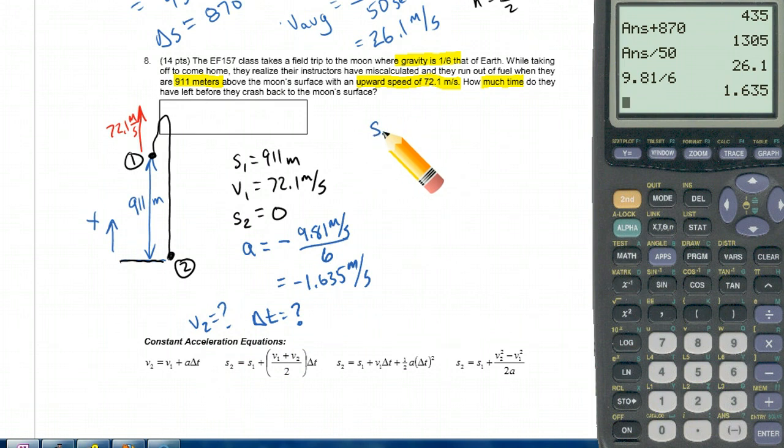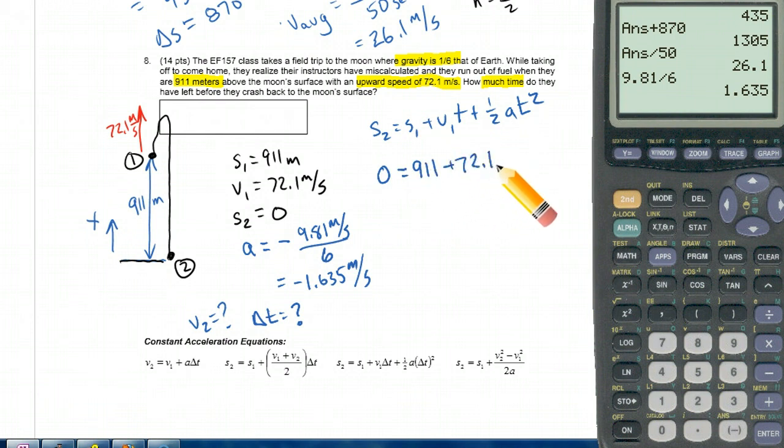So that would be our S2 equals S1 plus V1 t plus 1/2 A t squared. S2 is 0. S1's 911. V1, 72.1. 1/2 minus 1.635 t squared. Okay, again, your favorite, looks like I forgot a t in here.